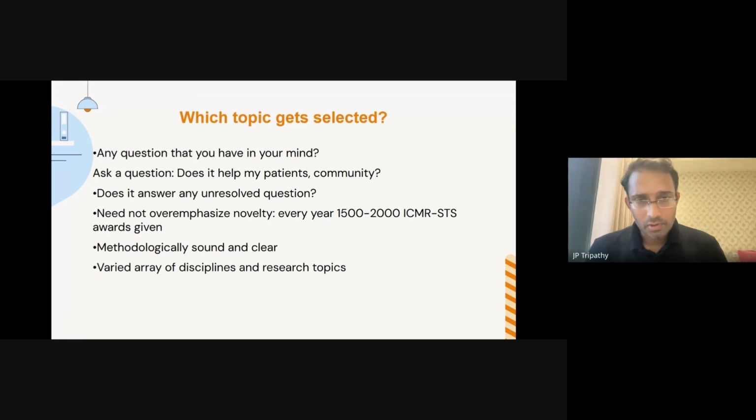The only point I want to overemphasize is do not go for novelty in ICMR STS. ICMR STS is not looking for a novel research question, the first in the world, that somebody has not done. If there is a novel question, that is good, that's a bonus, but do not go for a very novel question because every year 1500, now 2000, ICMR STS projects will be awarded, and you cannot find thousands of novel questions every year.